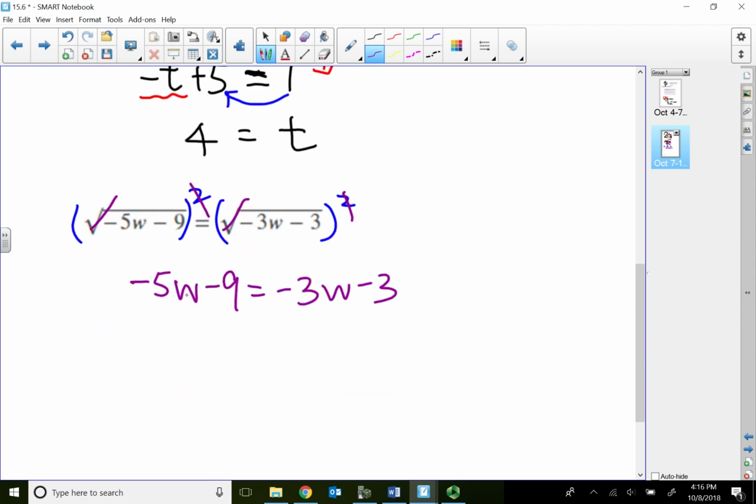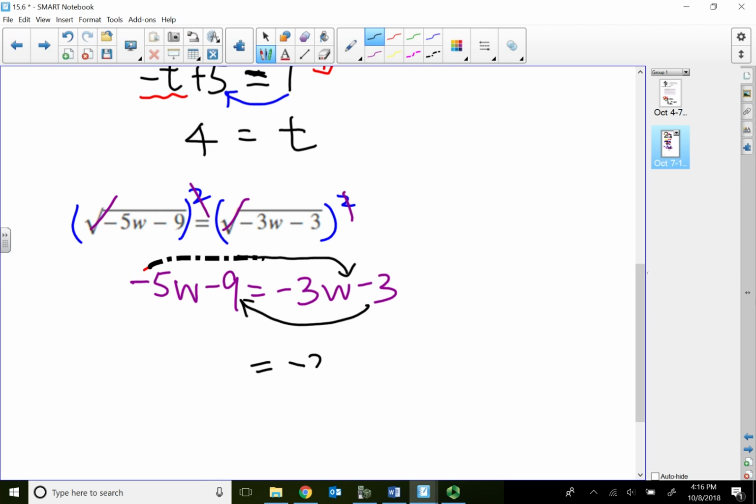Negative 3w is bigger than negative 5w. I'm going to move my negative 5w over. Sorry, my pen is a little bit acting up today. Move the negative 5w over. That means the negative 3 has to go to the left side.